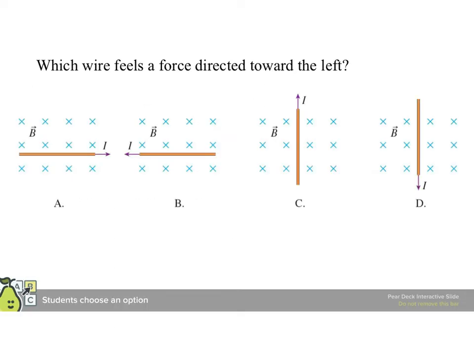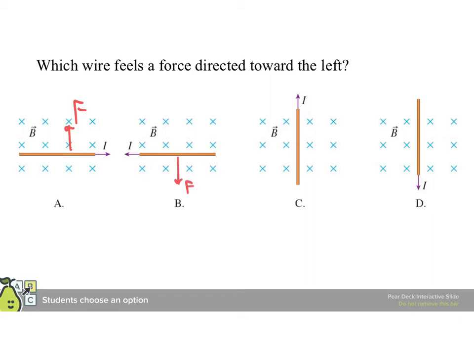All right, so which of these wires feels a force directed to the left? We, of course, should just do right-hand rule. So in case A, we have rightward crossed into the board, which would be upward. And then flipping the direction means, of course, we've just flipped the sign, so that's not going to help us there.